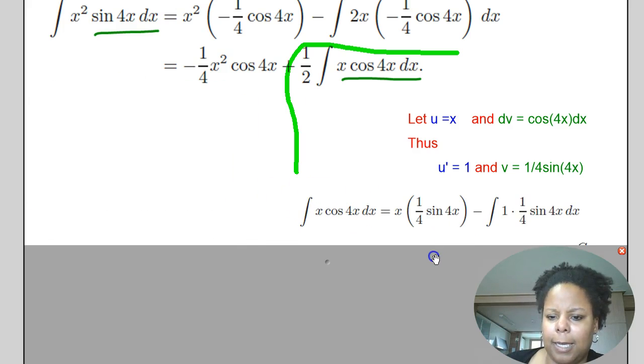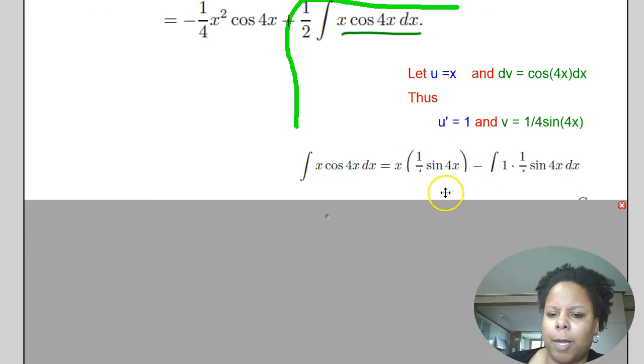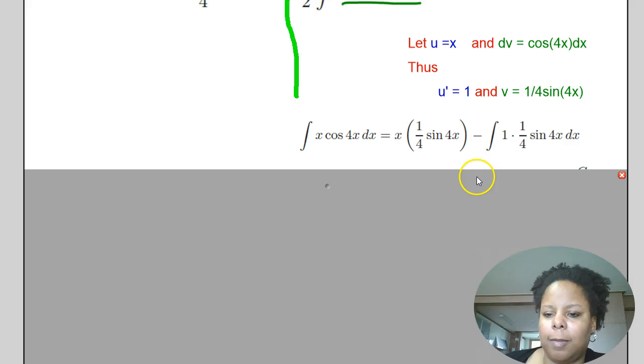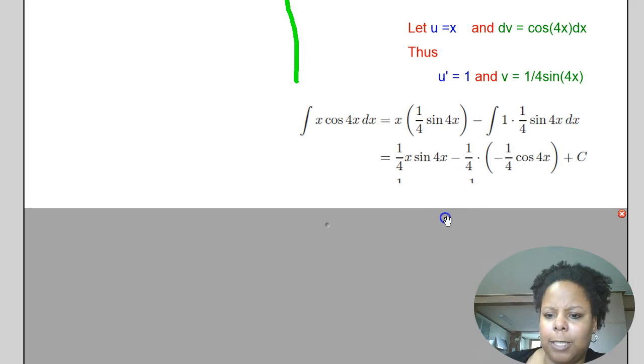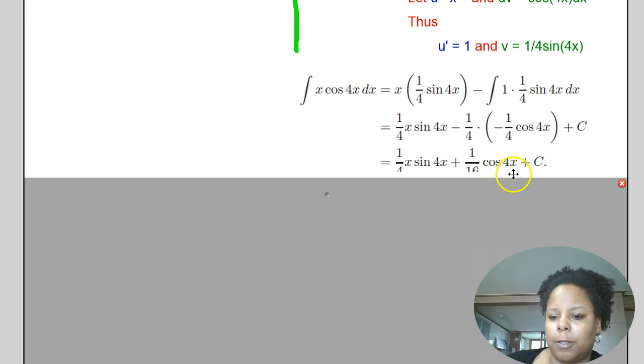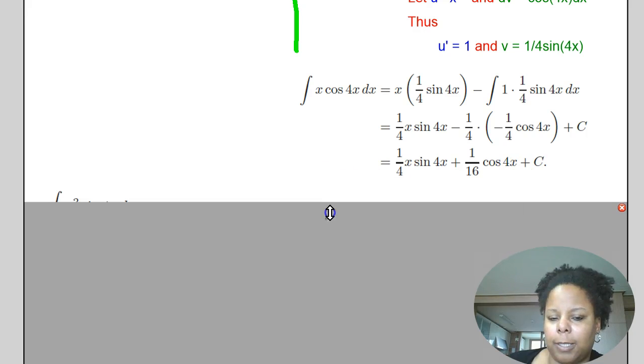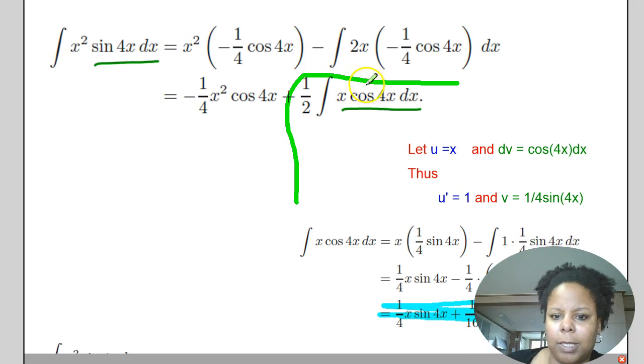We have this, and we're going to apply the integration by parts just for this piece right here. And we end up, and this is really lovely, because we can easily integrate sine of 4x using elementary integrals, and we end up with this part. So this is what this part is. And so now we can plug this part back into this part.